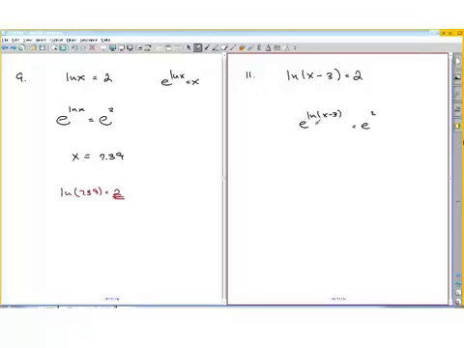And again, there's no coefficient in front of the natural log, so we can directly say that the left-hand side is x minus 3, and the right-hand side, we already know from this previous problem, is 7.39. So you add 3 to both sides, and you get 10.39. And again, if we plug this in, 10.39 minus 3, so it's basically this problem, except I added 3 to it.